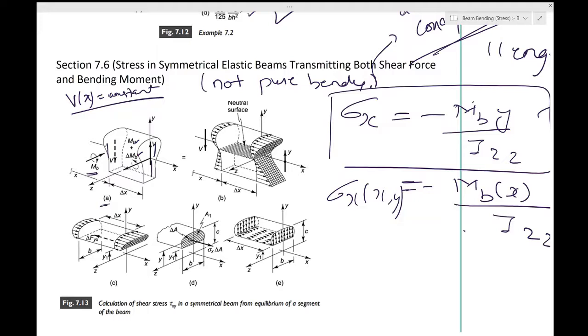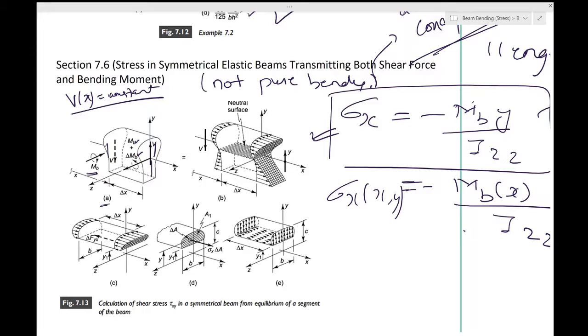Now we assume that the bending stresses are given by 7.16, as indicated diagrammatically in the sketch in 7.13b. Due to increased delta mb in the bending moment over the length delta x, the bending stress acting on the positive x face of the beam element will be somewhat larger than those on the negative x face.